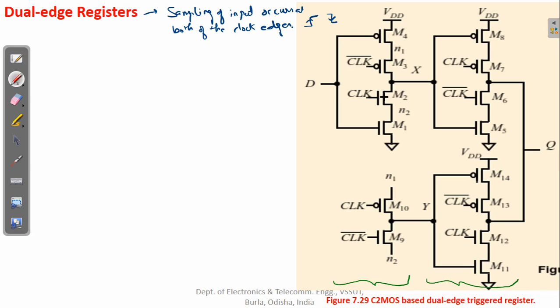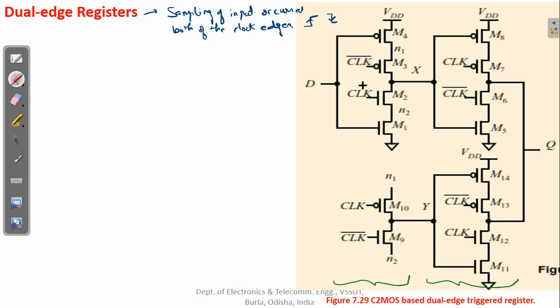Okay. Again, this is one inverter. This is again one more inverter. This is one more, and this is also one more inverter. So basically, there are 4 C2MOS inverters connected in this fashion.